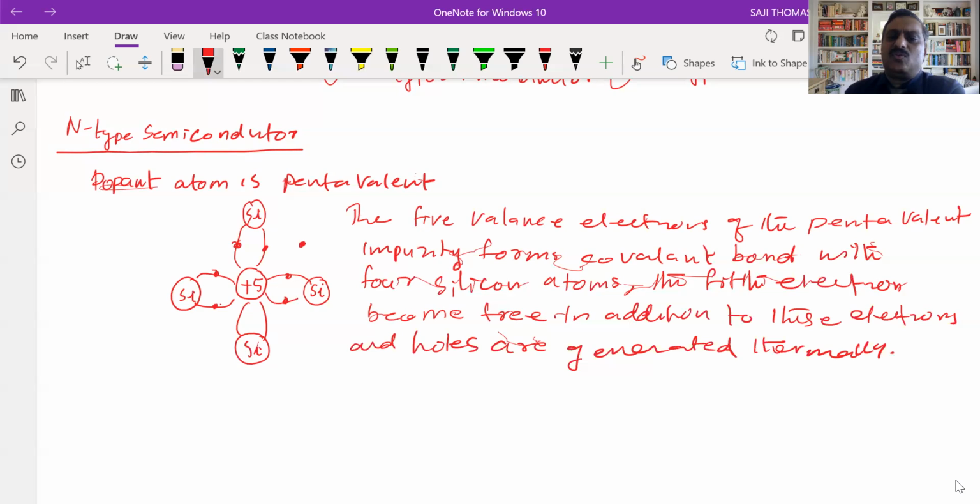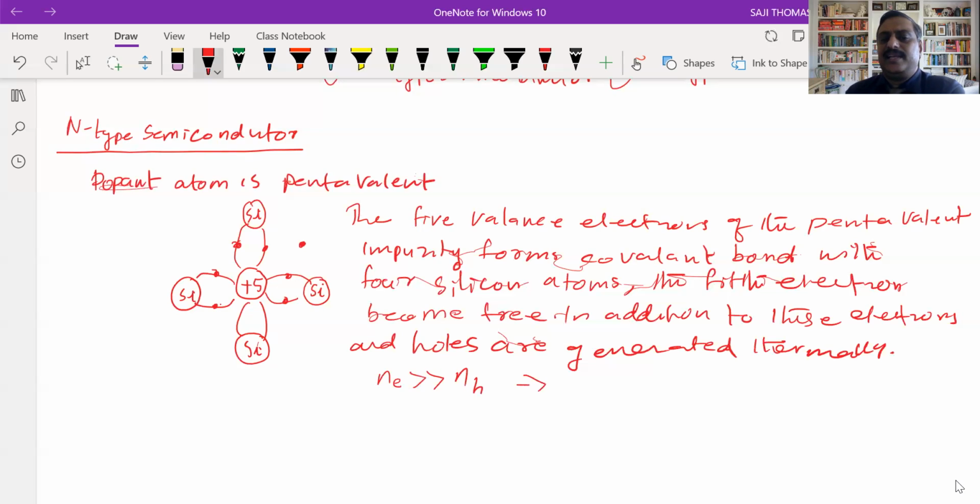If the number of electrons per unit volume is denoted by Ne and the number of holes per unit volume is represented by NH, then we can say Ne is very much greater than NH.